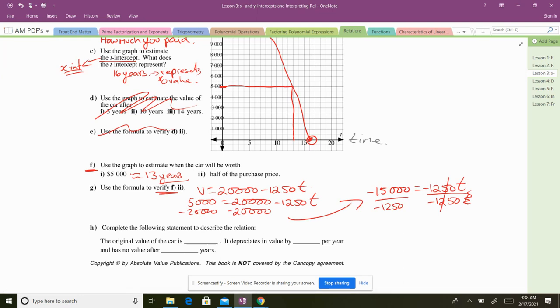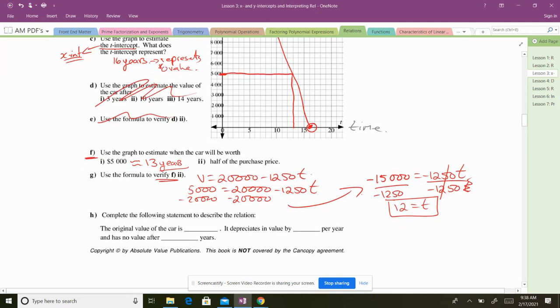What does a negative divided by a negative equal? Positive. So I get 12 is equal to t. That's the actual answer. Your graph, if the graph was drawn correctly, would say 12. So at 12 years, it's worth $5,000 according to this formula.